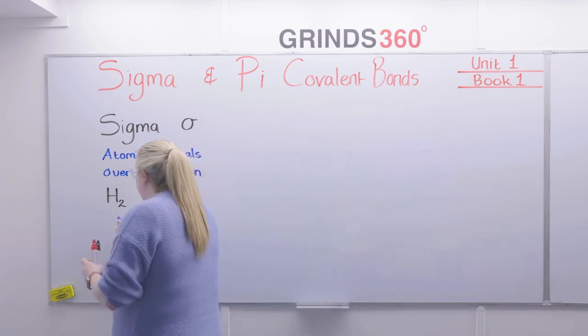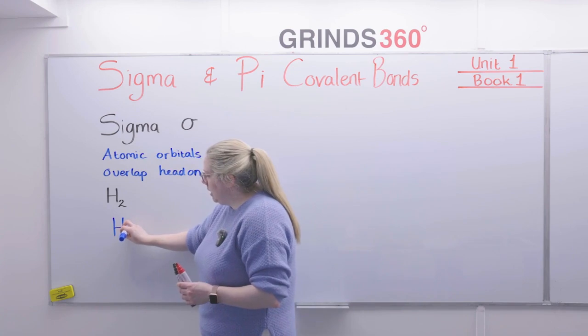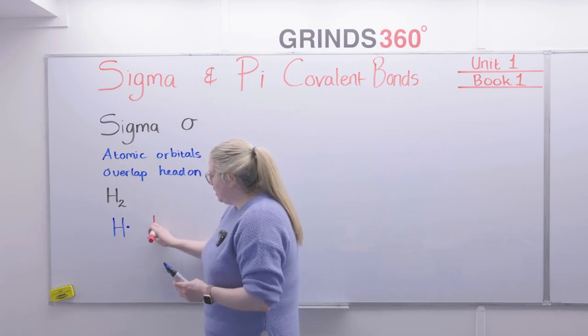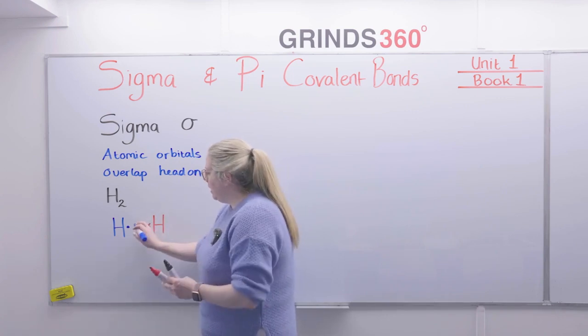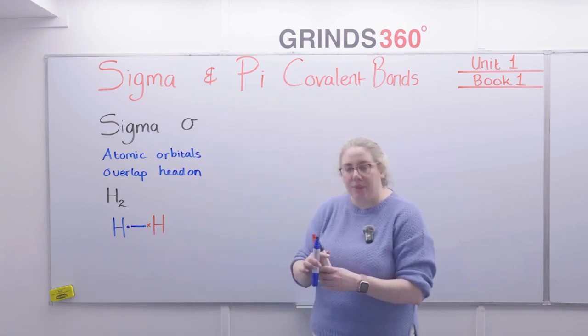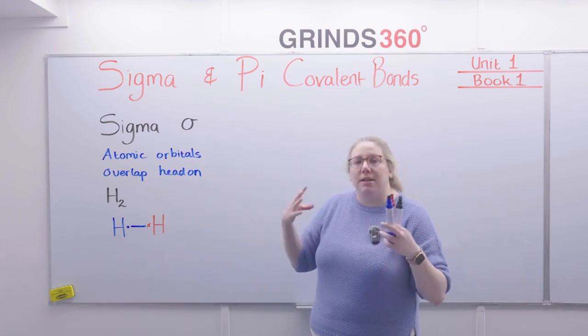So if I was drawing the dot and cross diagram of hydrogen, it would look something like this. There's one hydrogen atom with its one electron. Here's another hydrogen atom with its one electron. And you have a sharing between the two atoms like that. Now, we know that Bohr diagrams are not accurate.